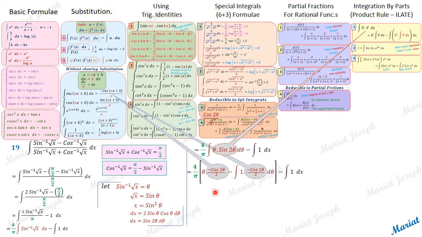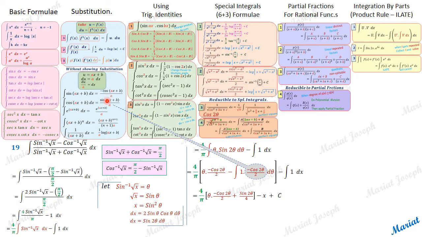Now, to simplify further, let's go. This part has to be integrated once more. Luckily, it's no more a product because of this 1. So now how will you integrate this? We need to integrate it with respect to theta once more, again by the same formula.